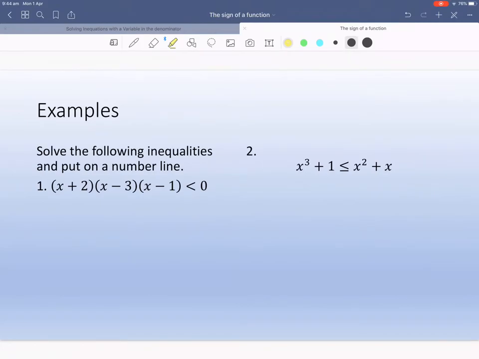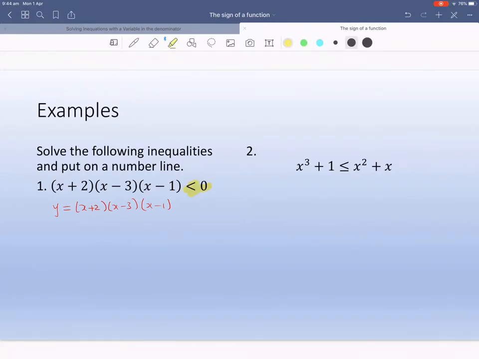Okay, so we've got these inequalities. Now, the best thing we can do is think of its graph. y equals (x plus 2)(x minus 3)(x minus 1). Look at that graph, and then we'll be able to find out where it's less than 0.